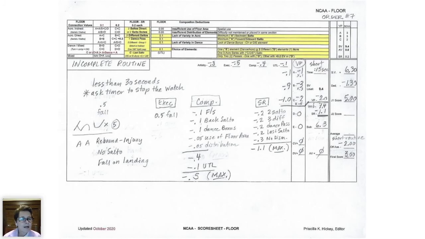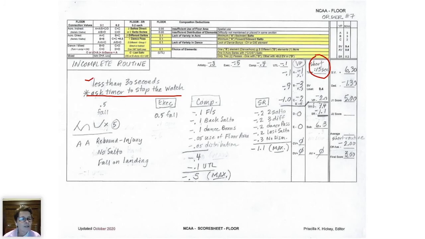So right off the bat, you have to ask the timer to stop her watch or his watch and record the time. This particular routine was short and it was 15 seconds long. Remember, 30 seconds or less than 30 seconds is a short routine.